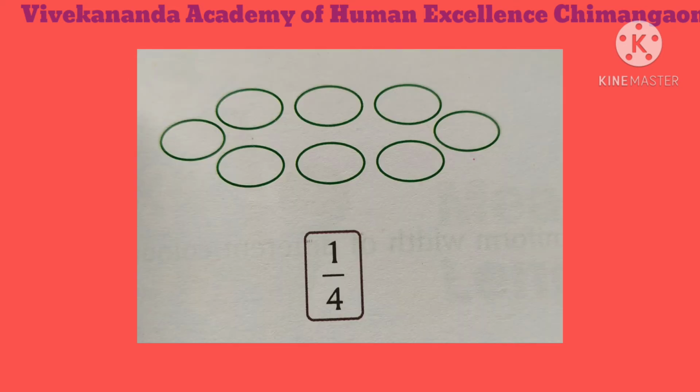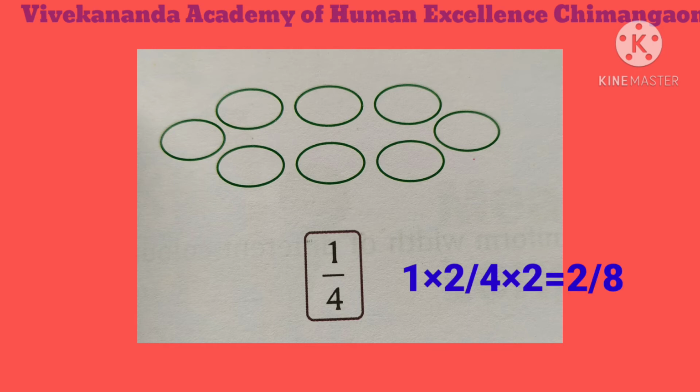Now let's solve the next question. Now observe this figure carefully. Here total oval shapes are 8, but here the denominator given is 4. So here we have to find an equivalent fraction of 1 upon 4. So how to find it? We multiply 1 upon 4 by 2. So here we multiply 1 by 2 and 4 by 2.